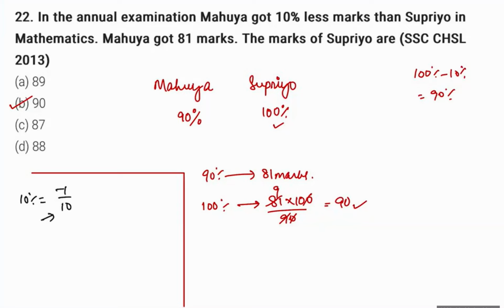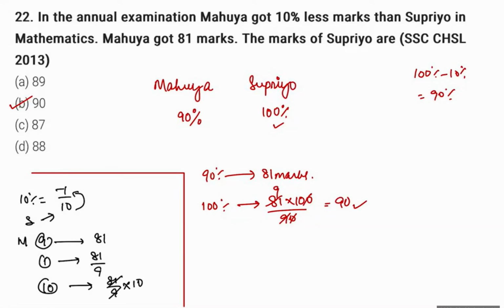Supriya's original is 10, Mahoya is 10 minus 1, which is 9. 9 units is 81, so 1 unit is 81 by 9. Supriya is 10 units, so 81 by 9 into 10. 9 9 is 81, 9 into 10 gives 90. It's a fraction method.